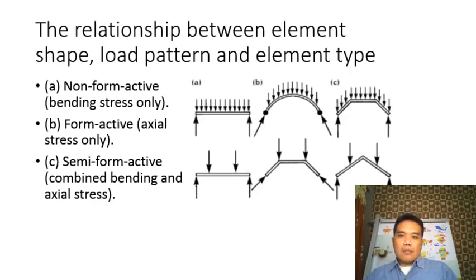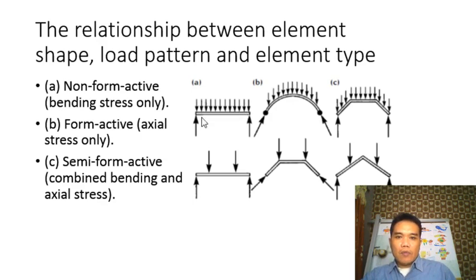The next is that this relationship between element shape, load pattern and element type can be non-form active bending. Actually, this is common in buildings, especially modern buildings, since they are not using arches.